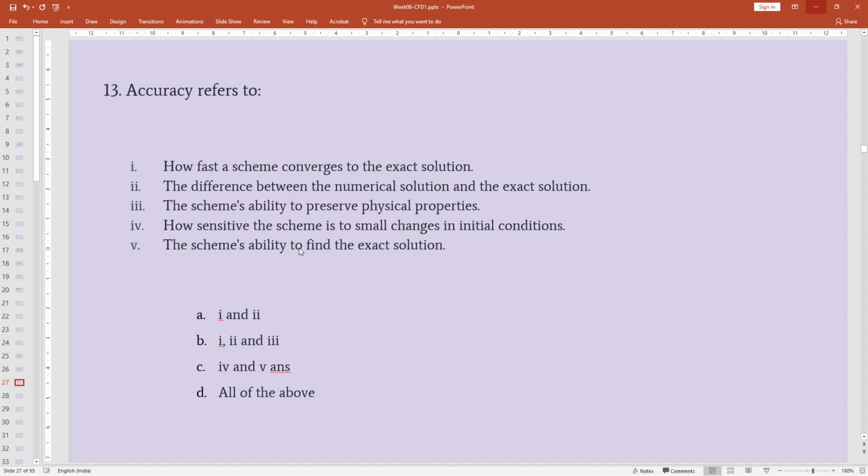Fifth, the scheme's ability to find the exact solution. From all these five, our options are: option A, first and second; option B, first, second, and third; option C, fourth and fifth; option D, all of the above. You can try to answer the question. You can inbox your solutions.